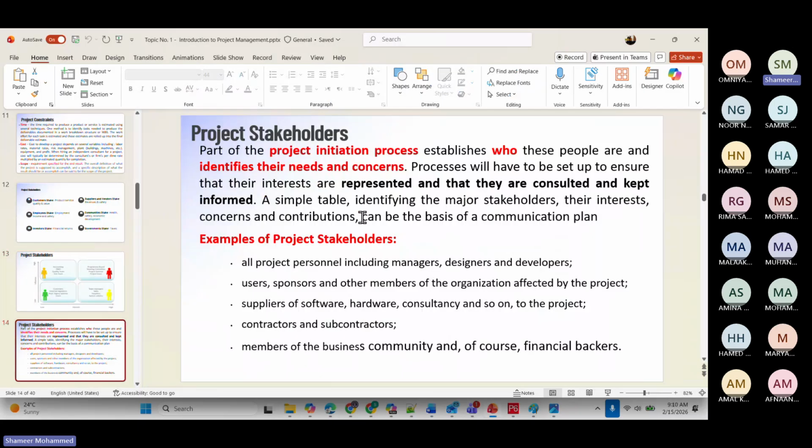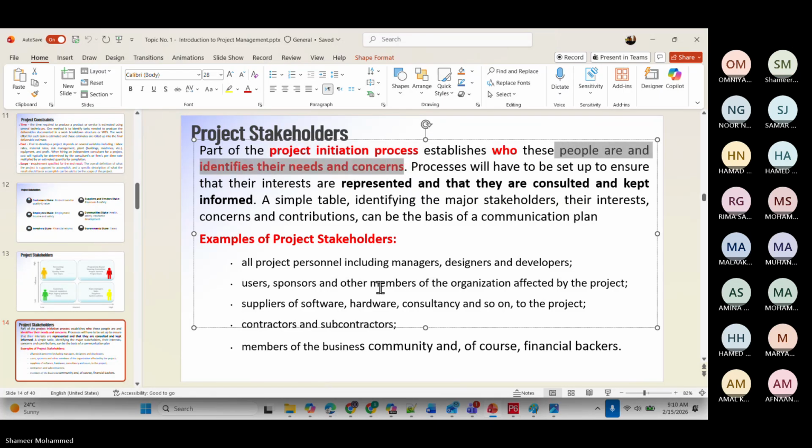Next, whatever I explained to you, the definition is given here. A stakeholder is part of the process, the people who identify their needs and concerns, and show their interest in the project. Simple examples are managers, designers, developers.